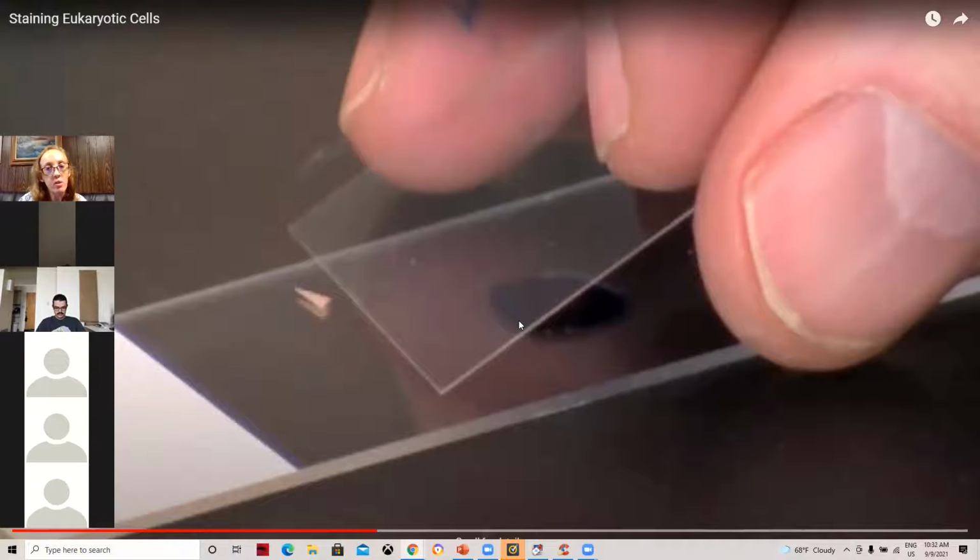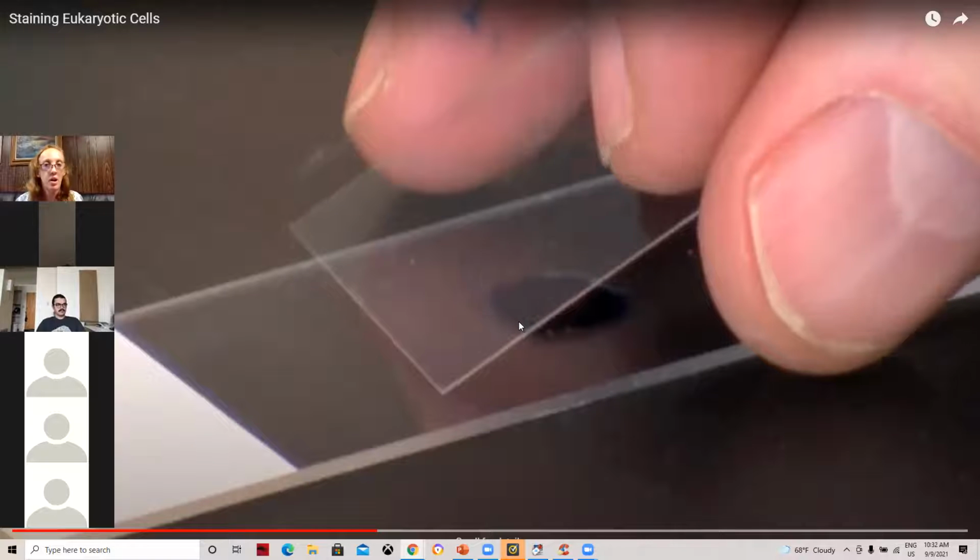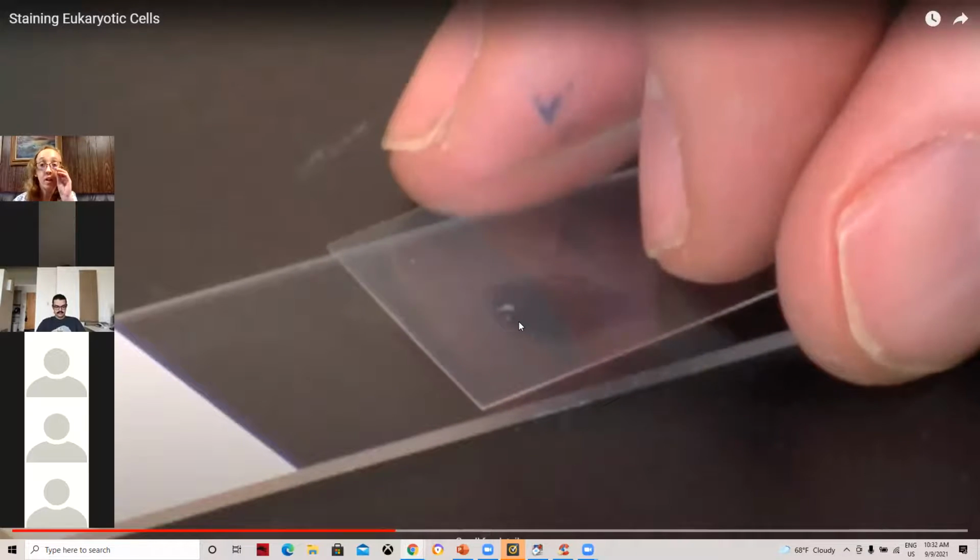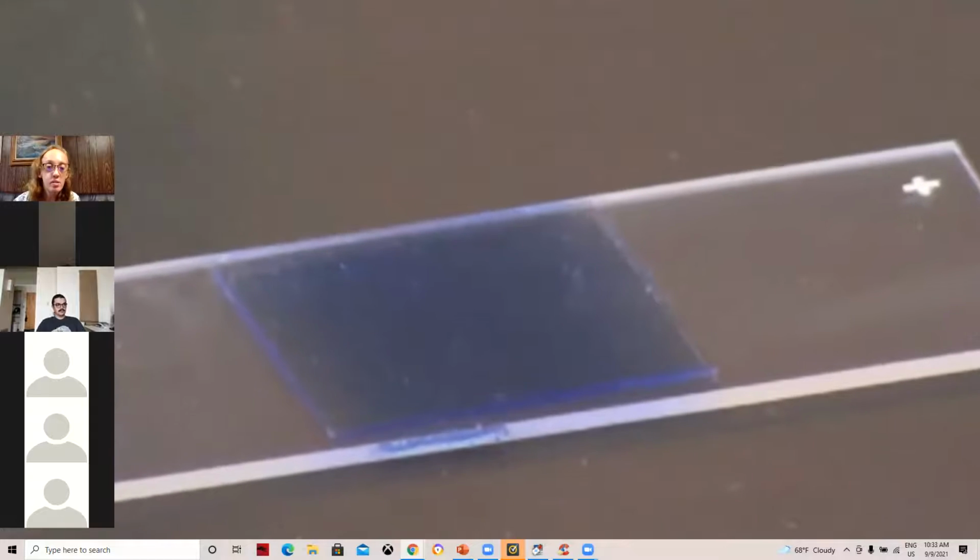The reason he does that is to minimize how many air bubbles he traps underneath the cover slip, because if you do it at an angle, all of the bubbles will end up going out the opposite direction, hopefully, theoretically. You may have a few, but you won't have as many as if you just drop the cover slip right on top. Avoid trapping bubbles under the cover slip.